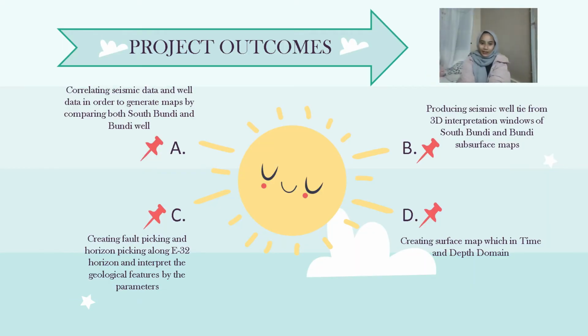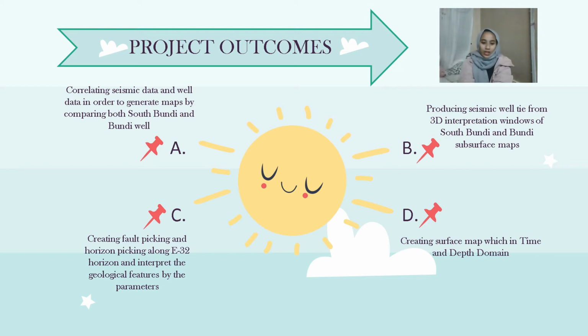Next I'll be talking about the project outcomes. For this project, we are correlating the seismic data and well data in order to generate subsurface maps by comparing the two data of South Bundi and Bundi. We are going to produce a seismic well tie from the 3D interpretation window and see the South Bundi and Bundi subsurface maps.